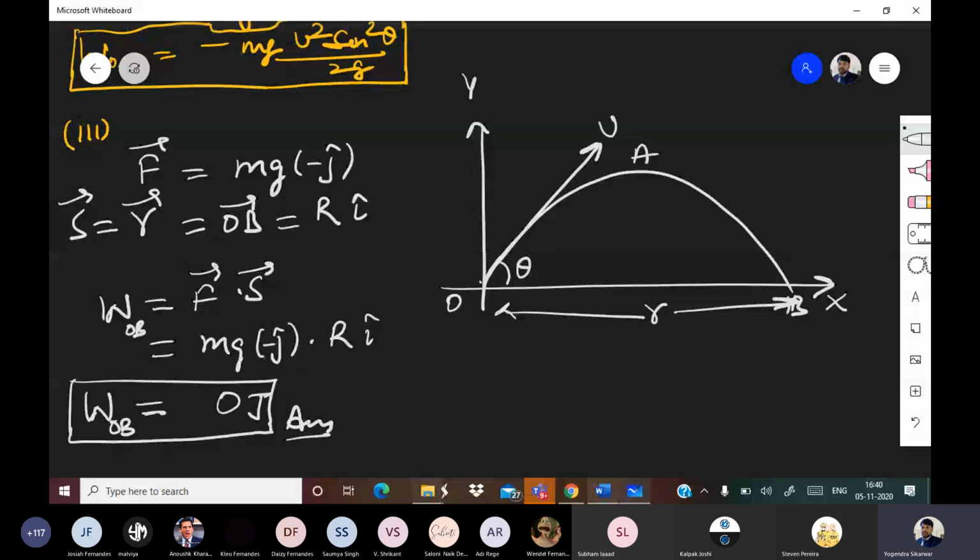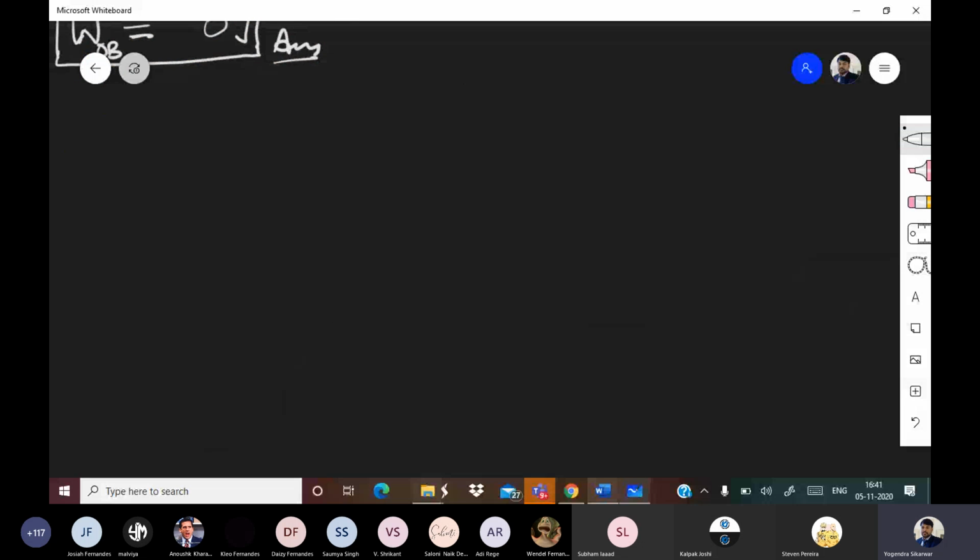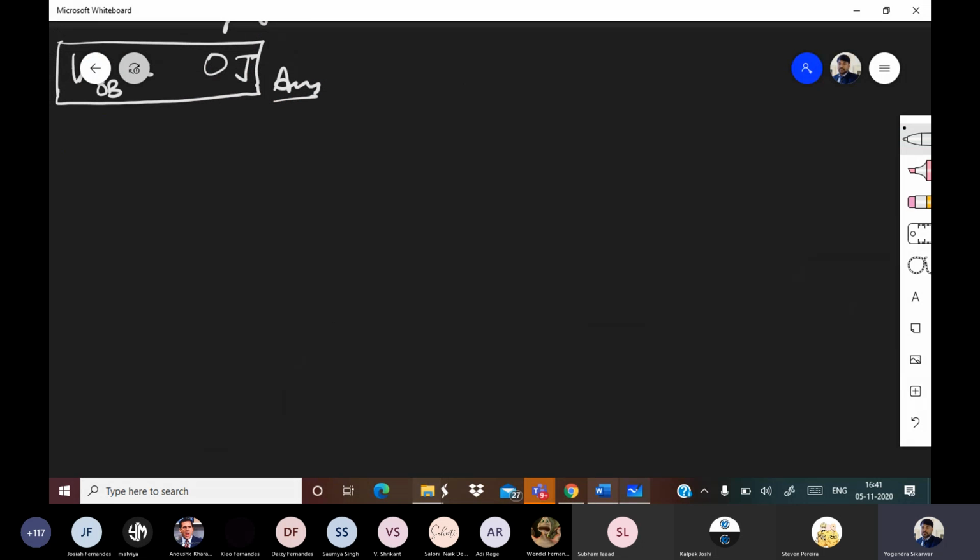Okay, understood everyone. Next question. This is a string which is hanging. Mass is M, length is L. So what happens after that?